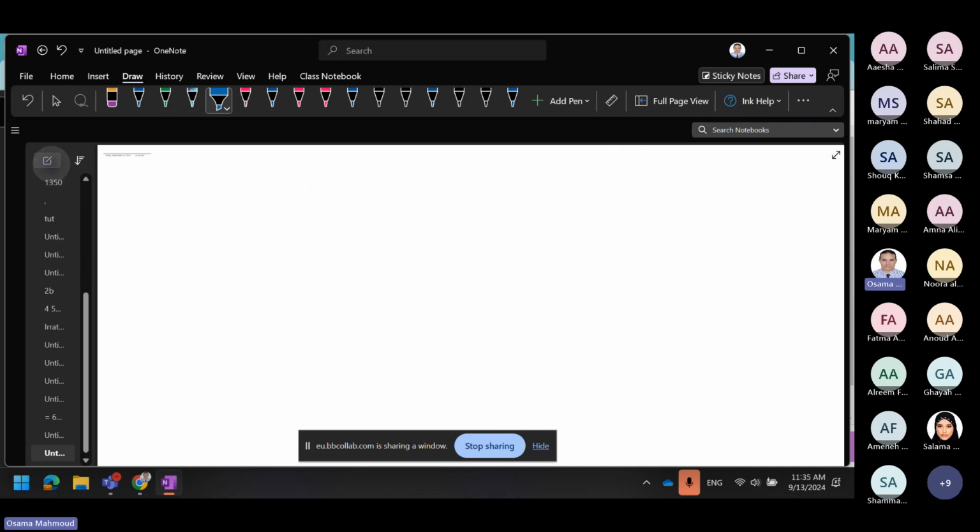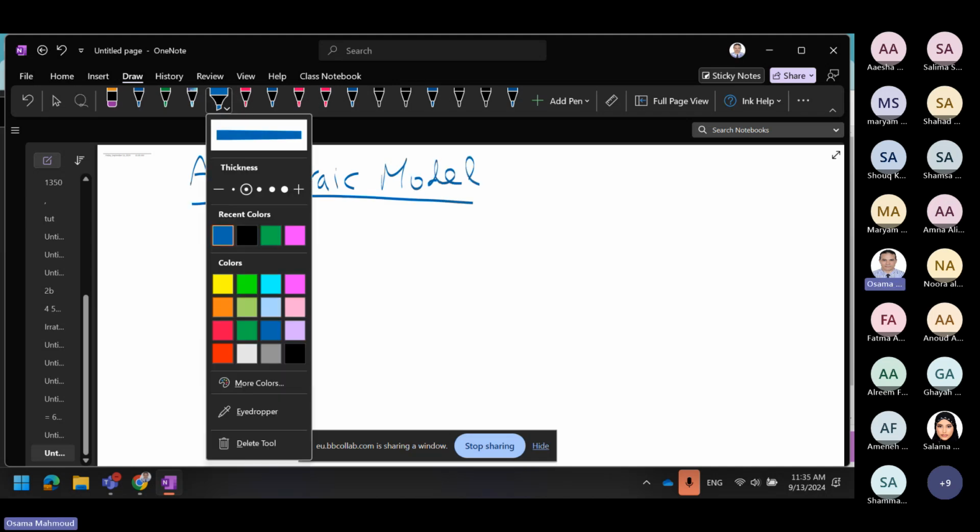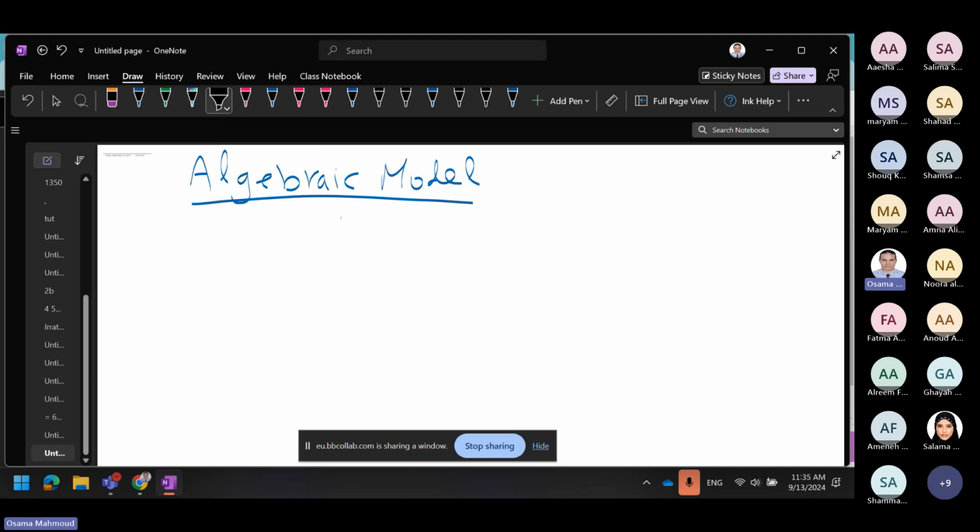What's left? We have something called an algebraic model, right? What does it mean, algebraic model? It means the equation or mathematical expression. But there are some keywords.